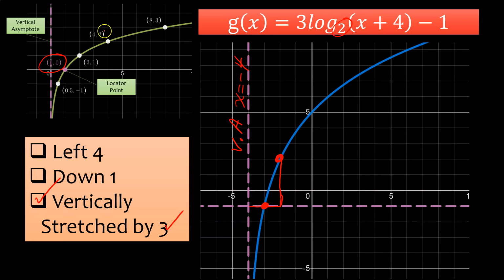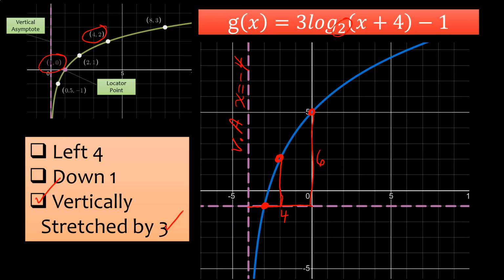Normal was to go out 4, up 2. But we are vertically stretching this, so we are going to go out 4, and instead of up 2, we're going to move up 6. Out 4, up 6, because 2 times 3 is 6, and we're vertically stretching this.